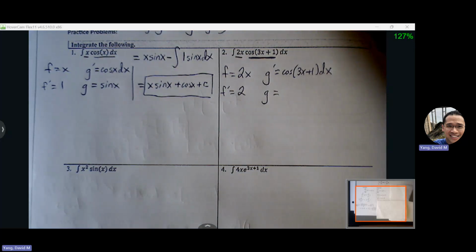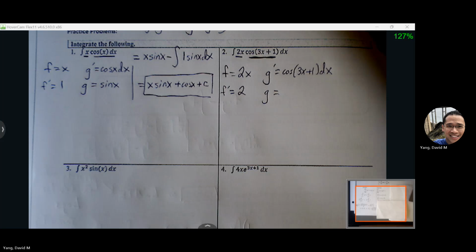All right, careful with number 2 here. In order for us to get from g prime to g, if I want to take the antiderivative of cosine of 3x plus 1, I got to go through a little bit of what? U substitution. Yep, U substitution. Not chain rule, got to do U substitution here. So your U value is 3x plus 1.